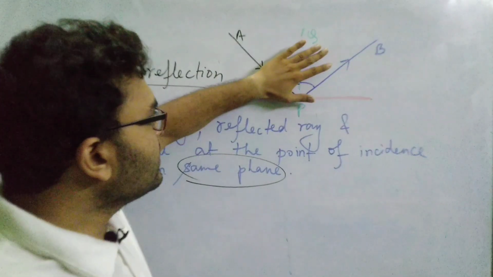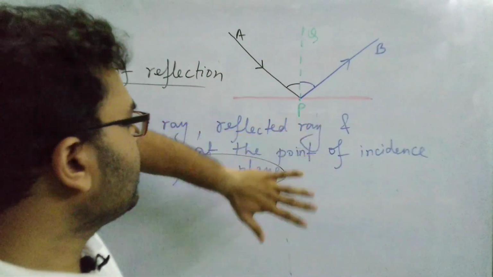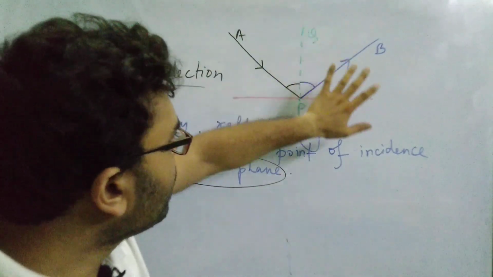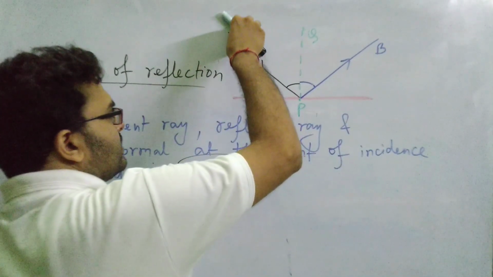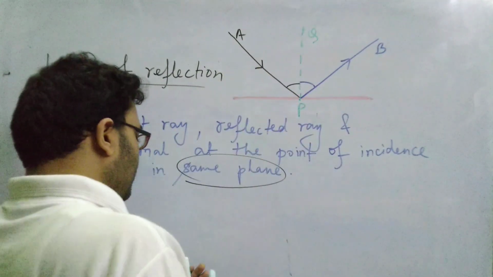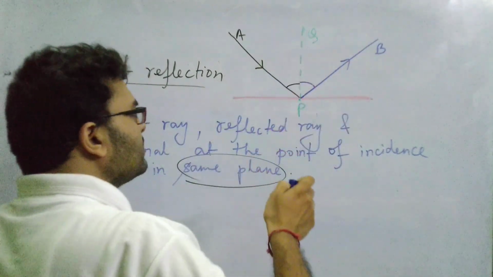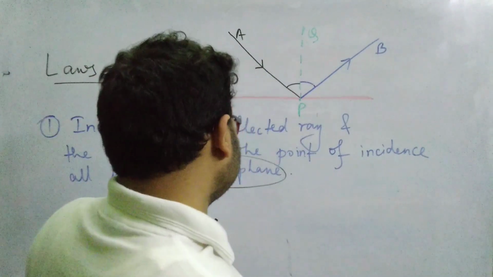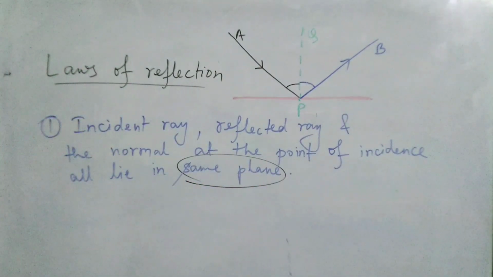So in this particular diagram that I have demonstrated, the plane is the white board. Because the incident light ray is coming along this board, we have drawn the normal along this board and the reflected light is going out along this board.